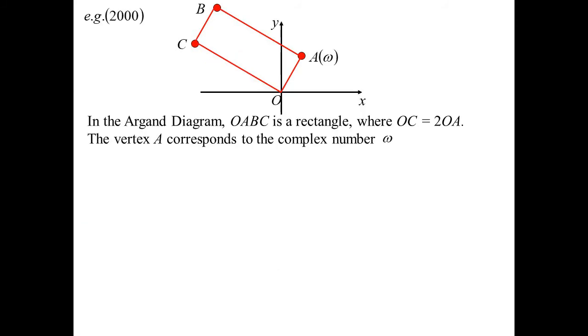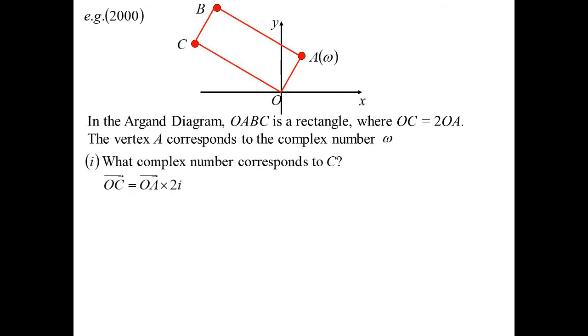They all work. This comes from the 2000 paper, and this time they were presented with a rectangle, told that OC is twice OA, and omega is A. First thing they wanted to know was, what would C represent?